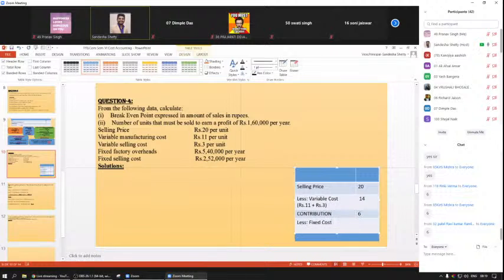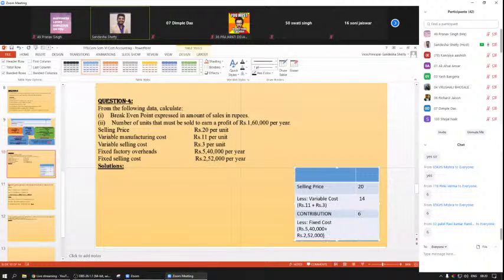What is the total fixed cost? 5,40,000 plus 2,52,000.